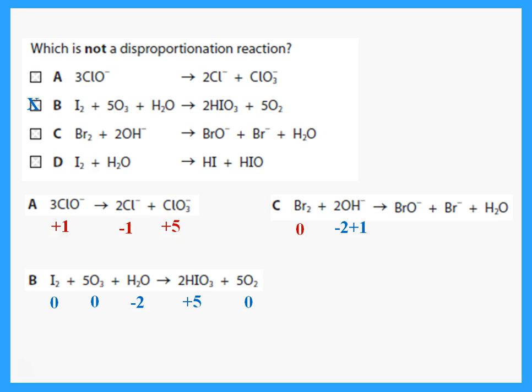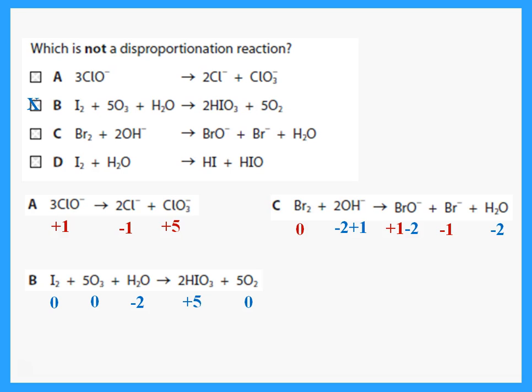Now the bromine in BrO minus, the overall has to be -1, so that means if oxygen is -2, then the Br has to be +1. Remember that oxygen is more electronegative than bromine. The oxygen has to be -2, so the Br is +1. Here the Br minus has an oxidation number of -1, the overall charge.